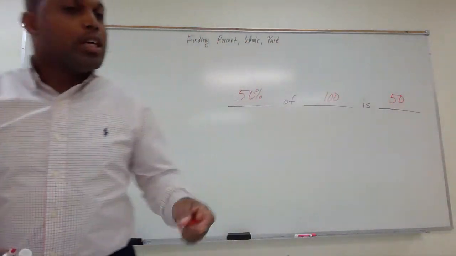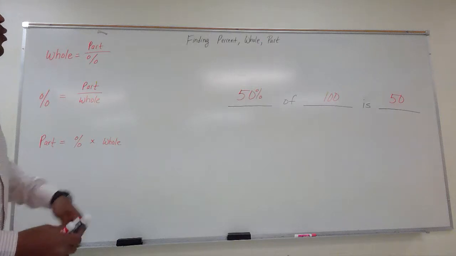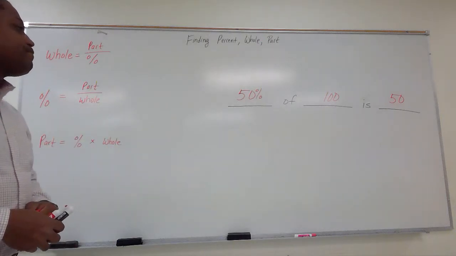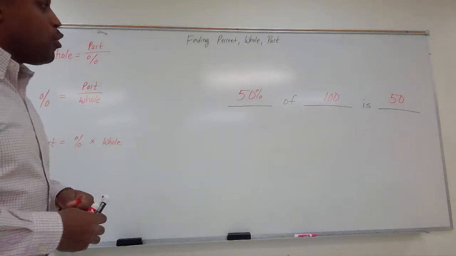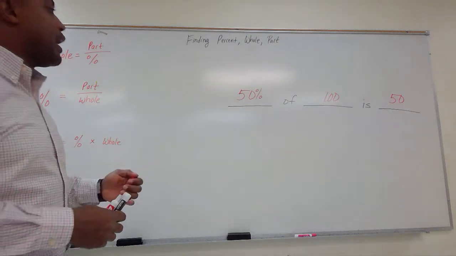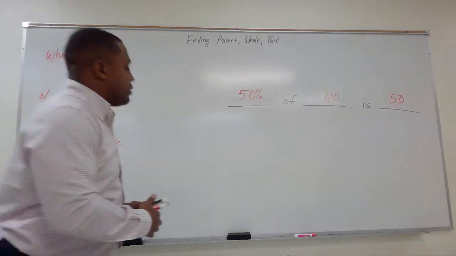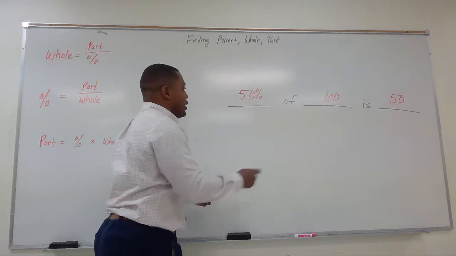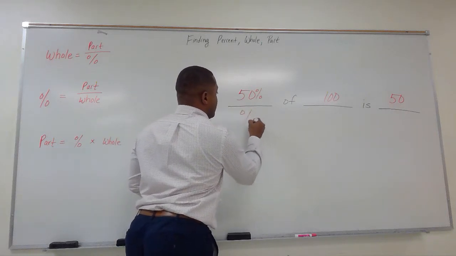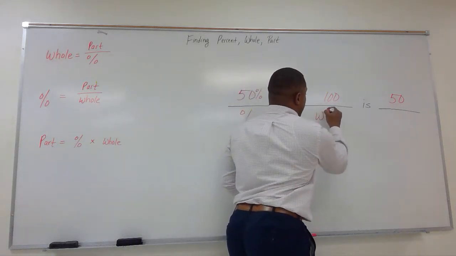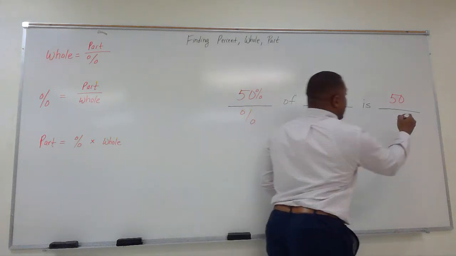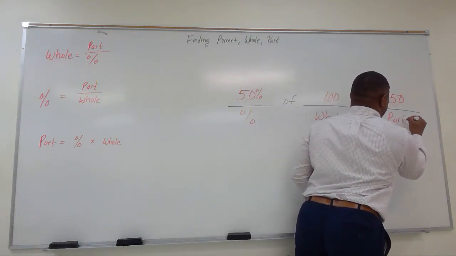So looking over here, I've put up a little thing that I've borrowed from one of my colleagues, and it simply says that the percent of the whole is the part.